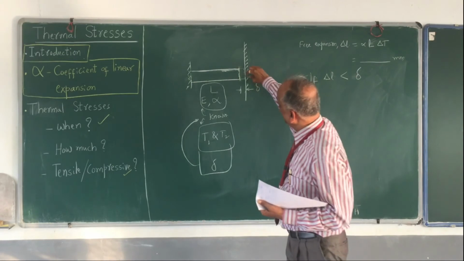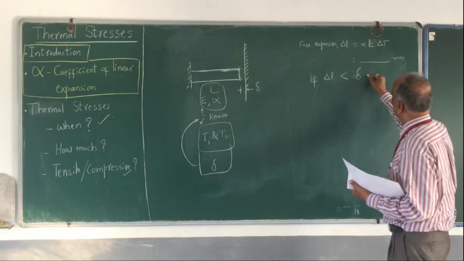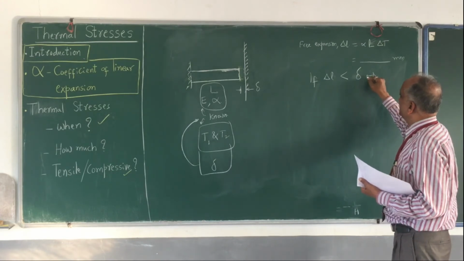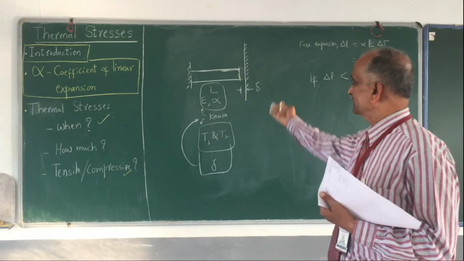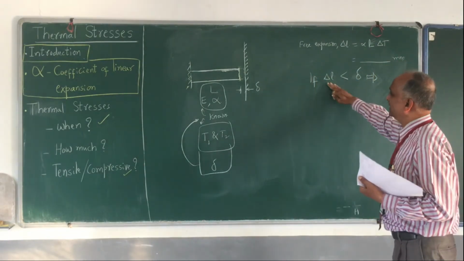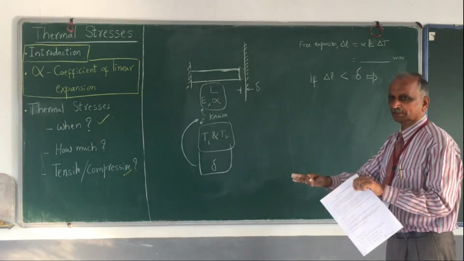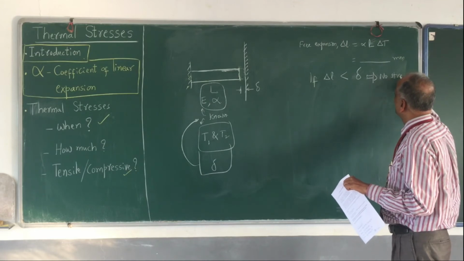So this length, whatever is the increase, if it is less than delta, what is your answer? If the free expansion is less than the gap between the wall and the bar, then whatever this delta L is, it is not at all prevented, it can undergo free expansion, and we shall not have any stresses.